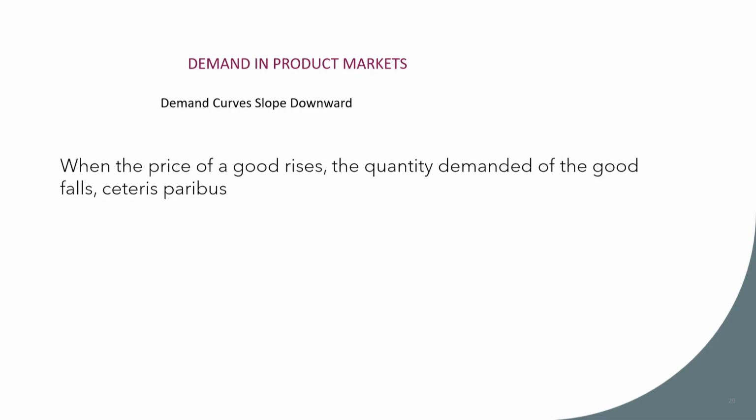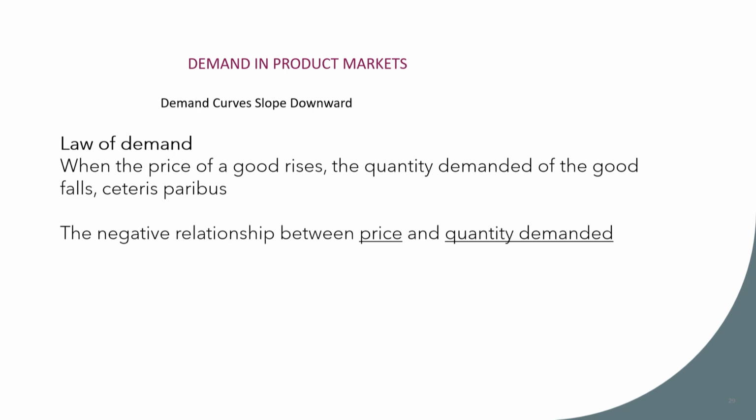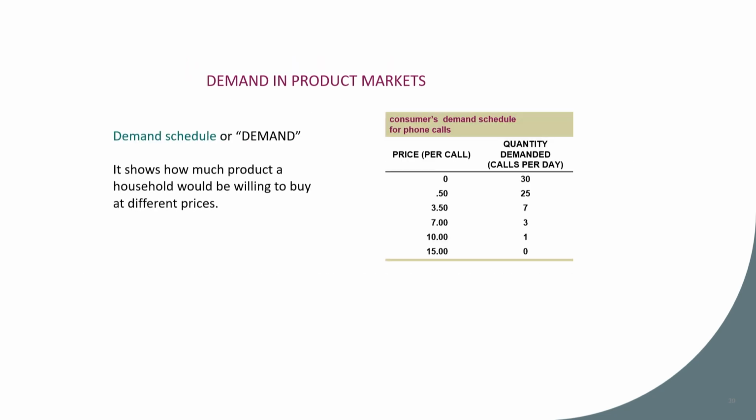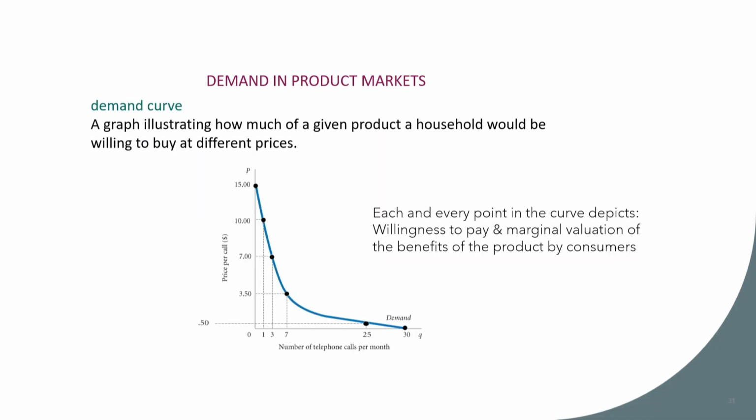Since there is an inverse relationship, when we plot it on a diagram, it looks like this. The demand curve: we plot price on the y-axis and quantity demanded on the x-axis.